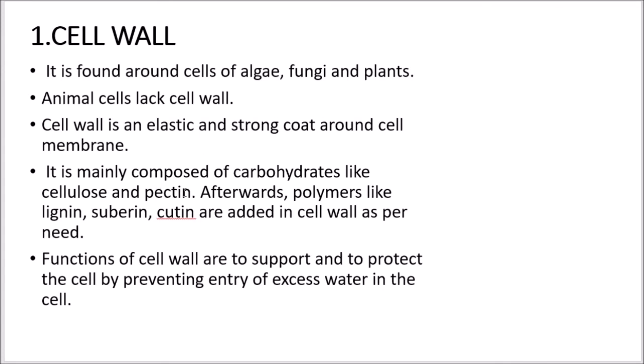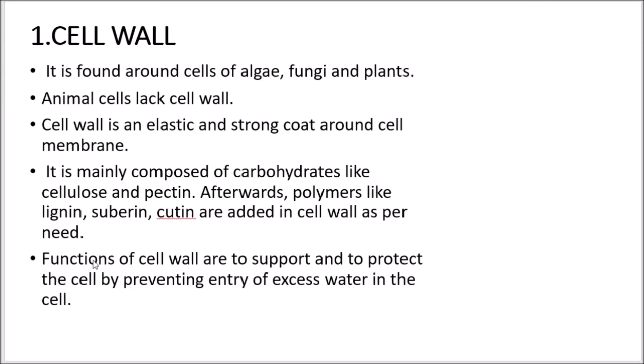It is mainly composed of carbohydrates like cellulose and pectin. Afterward, polymers like lignin, suberin, cutin are added in the cell wall as per need. The function of the cell wall is to support and protect the cell by preventing entry of excess water in the cell.